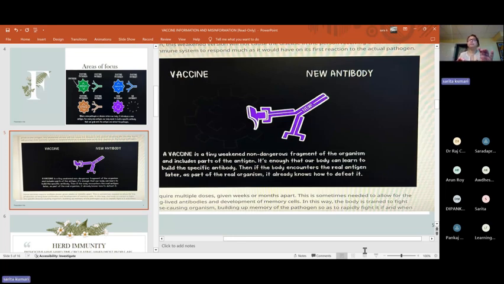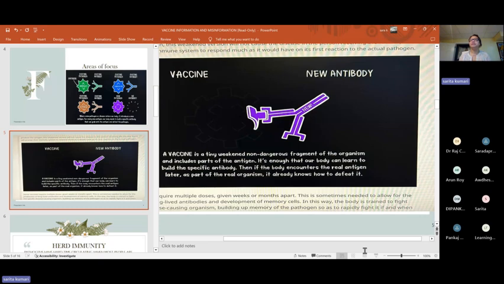In COVID, it was the spike protein, so that's the code which produces that antigen. Every living cell has genetic material which creates a particular antigen or specific protein, and that genetic material can be introduced to the human body and that will produce the antibody.